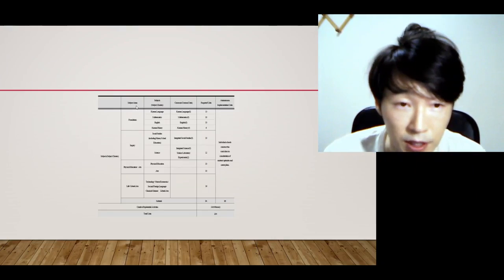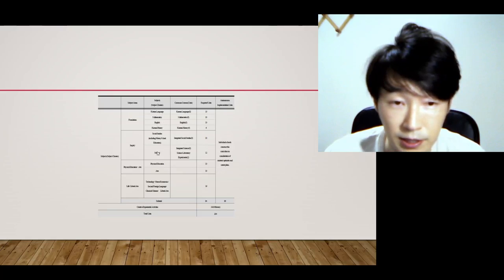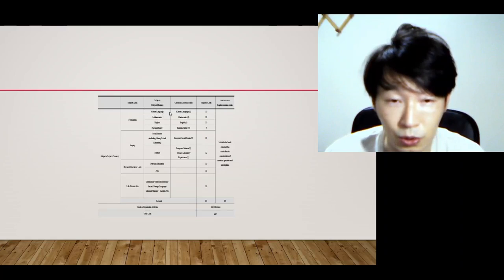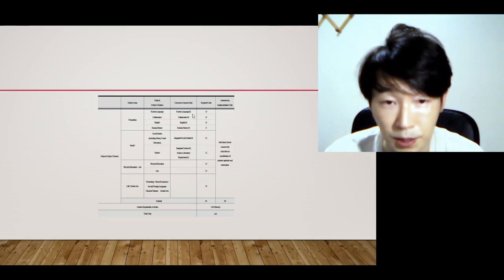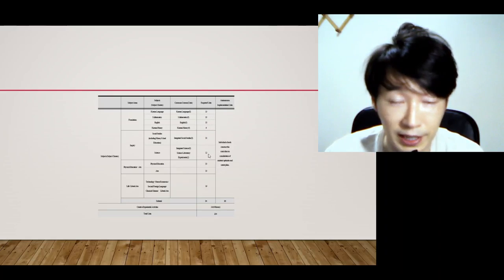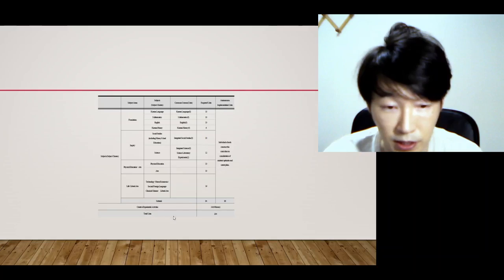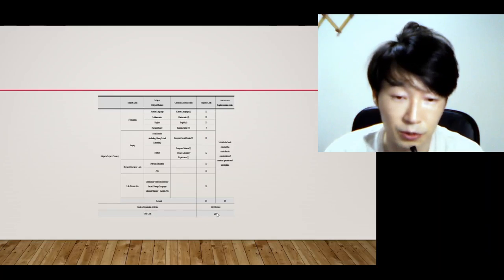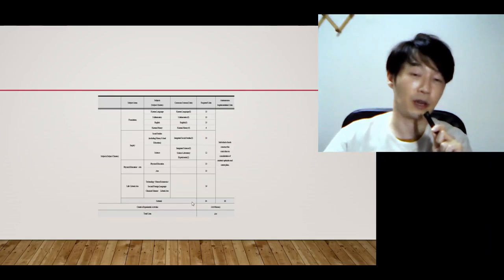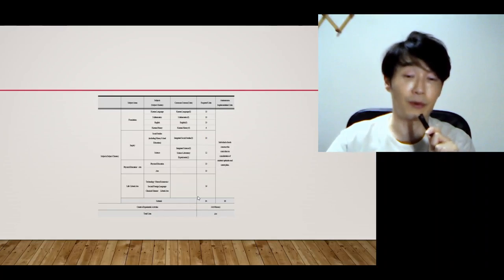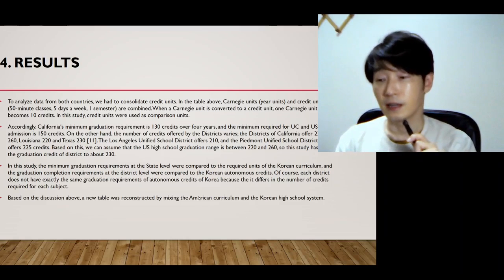Here's the subject area and subject clusters, and a subject cluster includes subjects, and here's the unit. The unit here is almost similar to credits, and you can see the total units, total credits, and for graduation Korea is at 204.